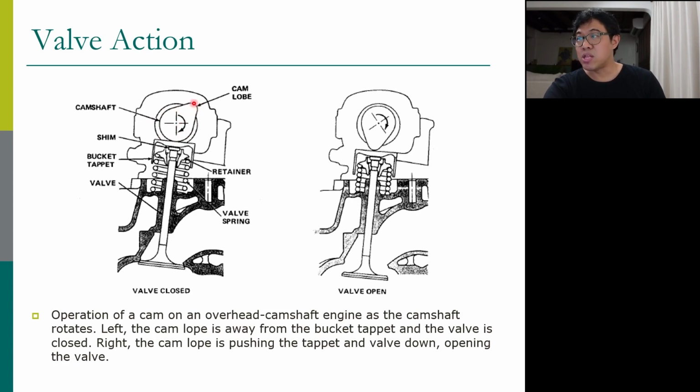Normally, when the nose of the cam lobe rotates down to the valve stem, it pushes the valve stem and opens the valve like that. When the lobe moves away, the spring pushes up and closes the valve. So we open and close the valve using this cam lobe.